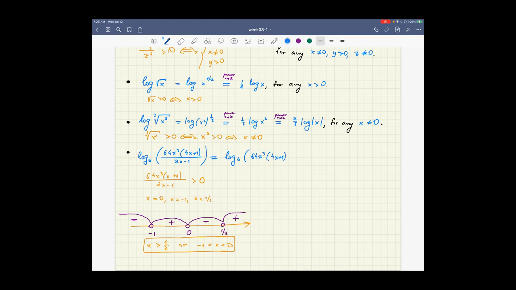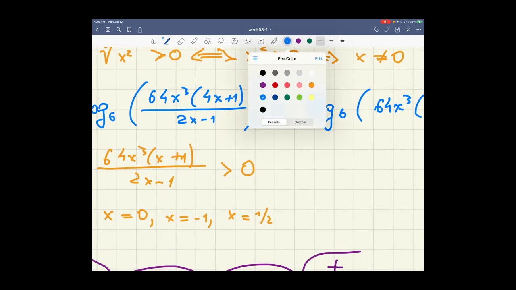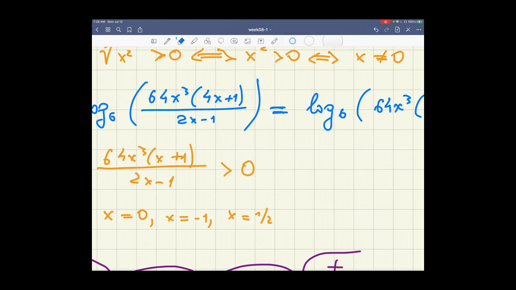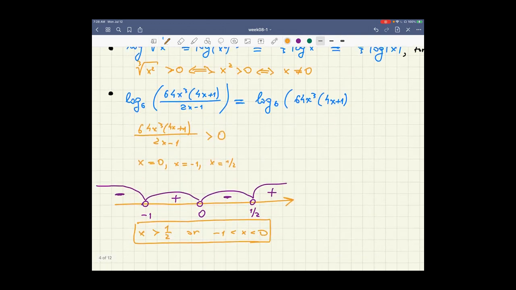Excuse me, I solved the inequality incorrectly. I made a slip of the pen. That was 4x plus 1. So that's all right. The roots are 0, 1/2, and negative 1/4. When you equate 4x plus 1 to 0, that's negative 1/4.